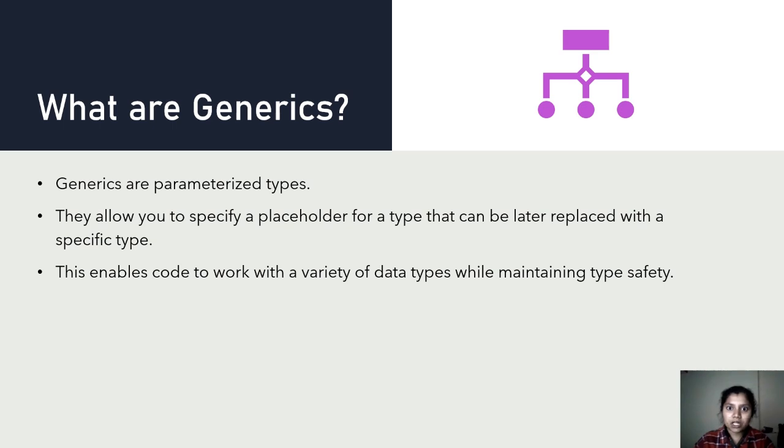This approach ensures type safety at compile time, as the compiler can verify that the types being used are compatible. Accordingly, generics promote code reusability by allowing us to write code that can work with different data types without needing to rewrite it for each type.